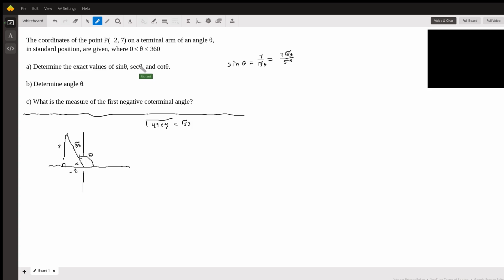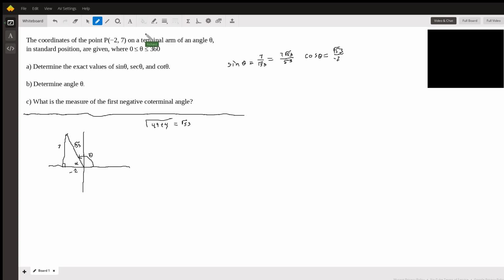The secant is 1 over the cosine, so it's going to be hypotenuse over adjacent, instead of adjacent over hypotenuse. So the secant is going to be hypotenuse, which is root 53, over the adjacent, -2.